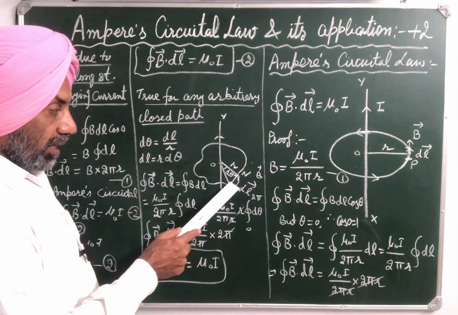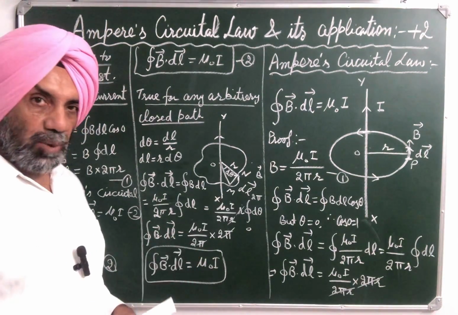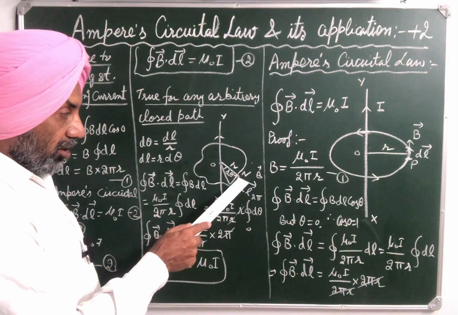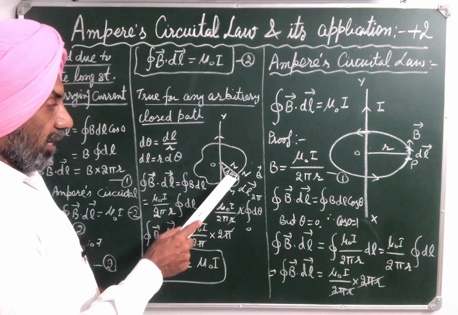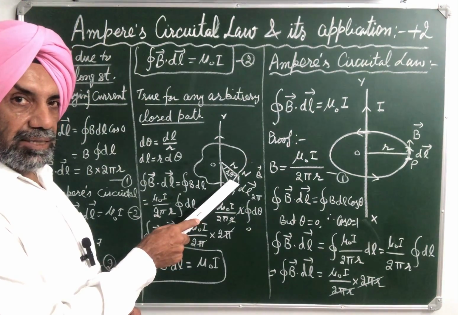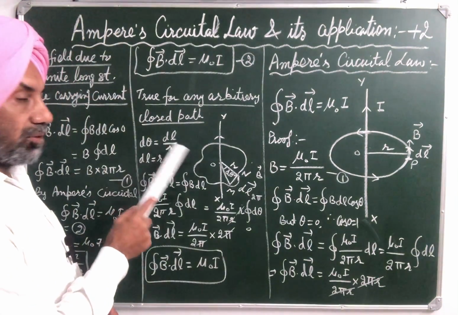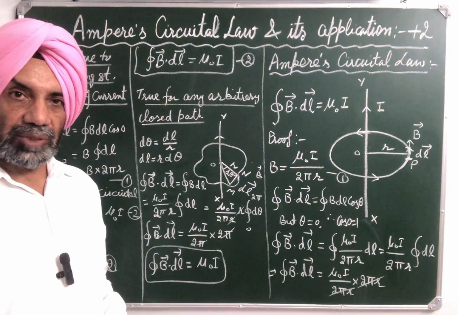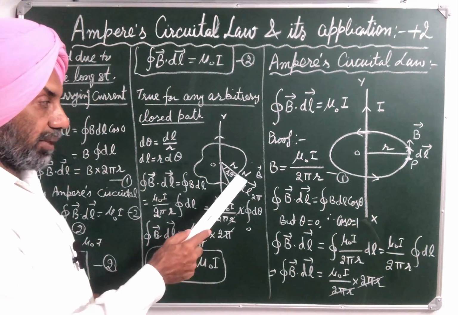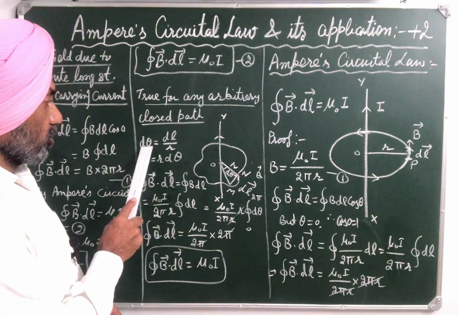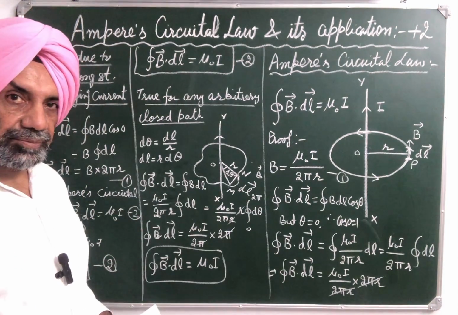Now, because the segment is a very small length, dl is very small, so this chord or arc can be taken equal. So by definition of angle, a small angle is equal to arc upon radius. So d theta is equal to dl upon r, because in this case the arc becomes the chord. So dl is equal to r d theta.